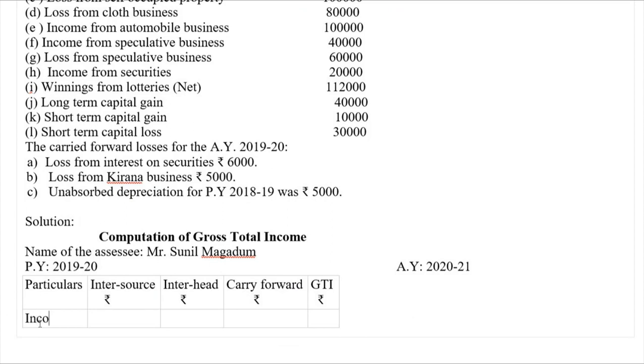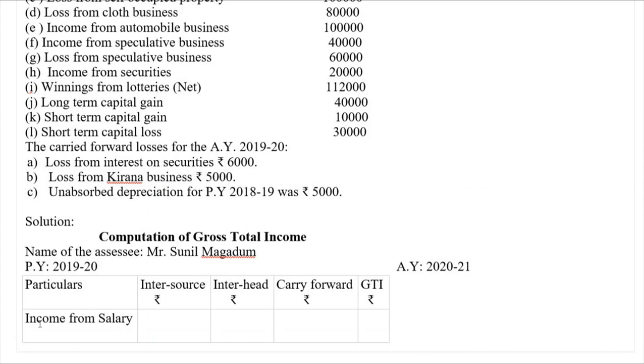Let's first take income from salary. Here income from salary, so that we will record in case of the interhead here, rupees 1,50,000.